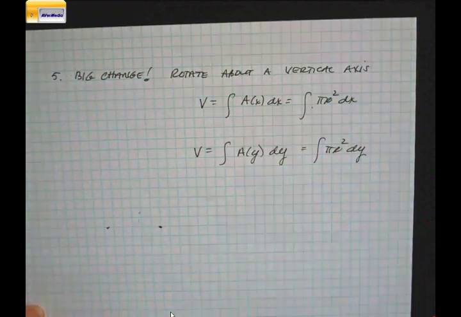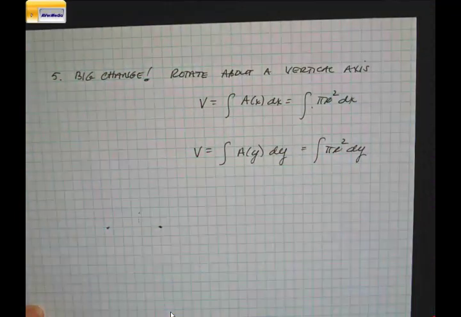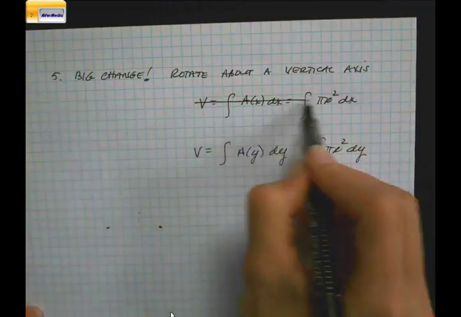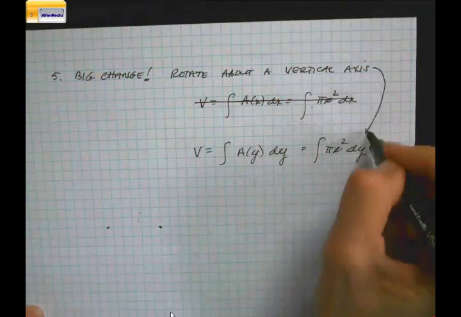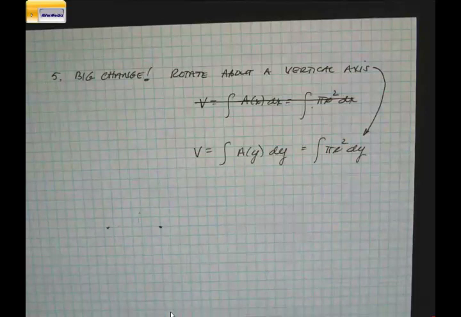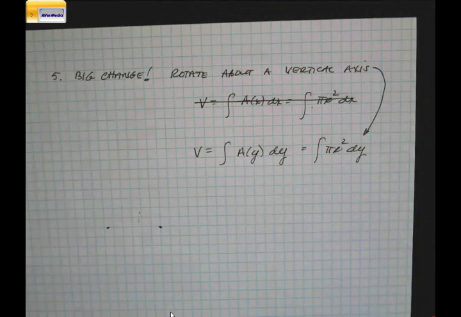So when you start spinning around a vertical axis, all of your variables must change to y. So this is horizontal axis business. This is vertical axis business. It's a little bit awkward, but you have to nail in your mind, I've got to work with the y variable, not x.